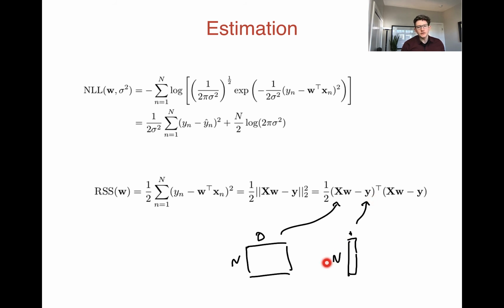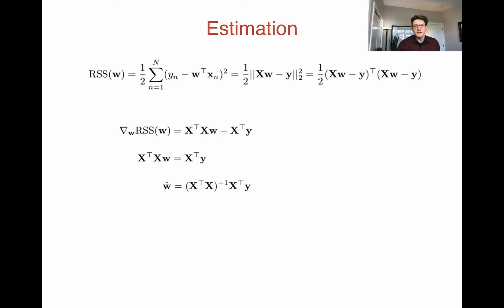So this is the y for all of our examples. Now notice there's no sum over n in this expression here because the sum over n is already captured within this matrix multiplication. So this term here is the same as this. We've gotten rid of the sum by switching to this matrix notation.